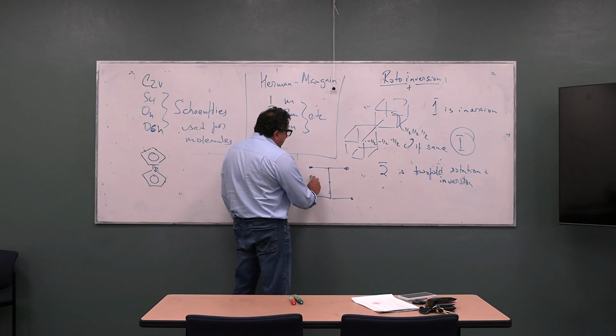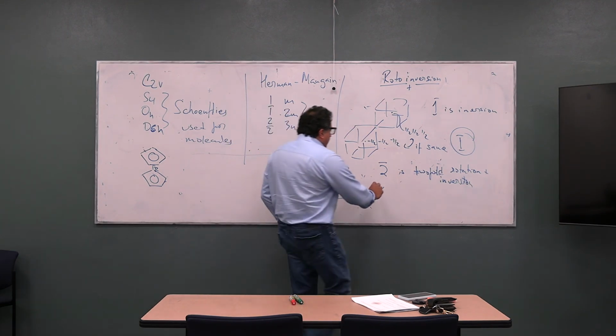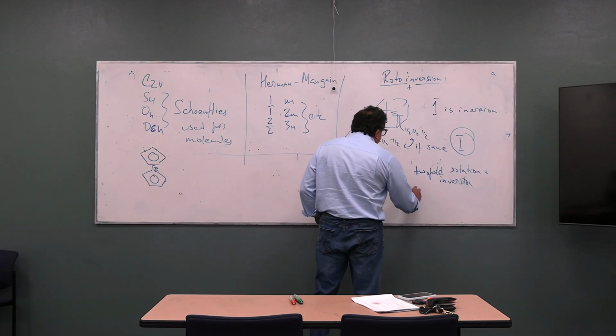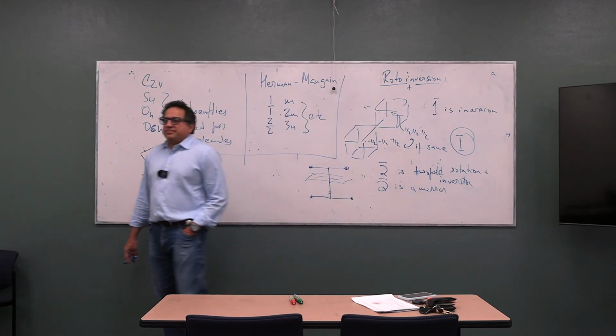So in effect, 2 bar starts looking like you have a mirror running through like that. So 2 bar is just a mirror.